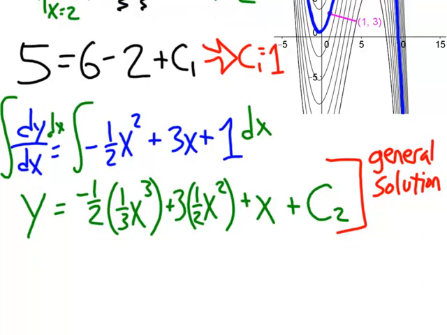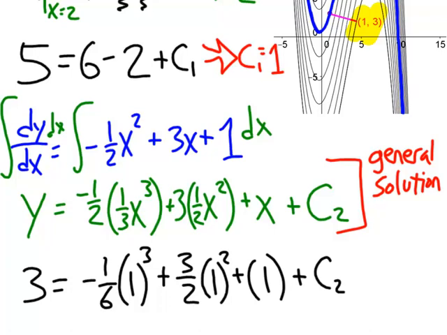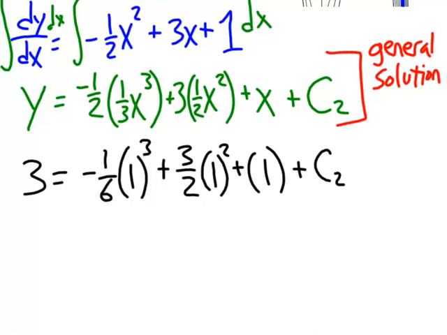So focusing on the fact that x was 1 and y is 3, we'll plug in 3 for y equals, let's go ahead and make that negative 1/2 times 1/3. Let's make that negative 1/6 times x cubed, which in this case is 1 cubed, plus 3/2 times 1 squared plus 1 plus c2. We could tell that in order to solve for c, we're going to need to do some common denominators.